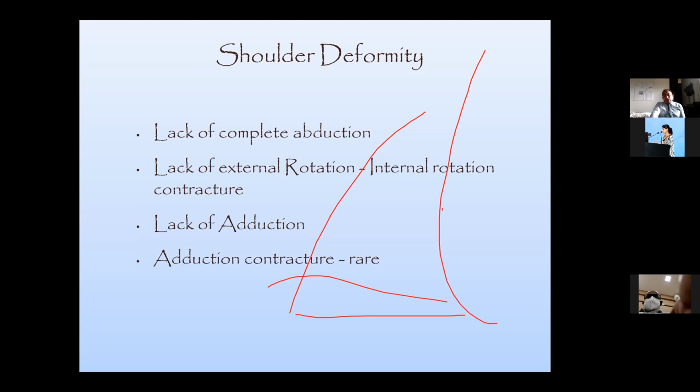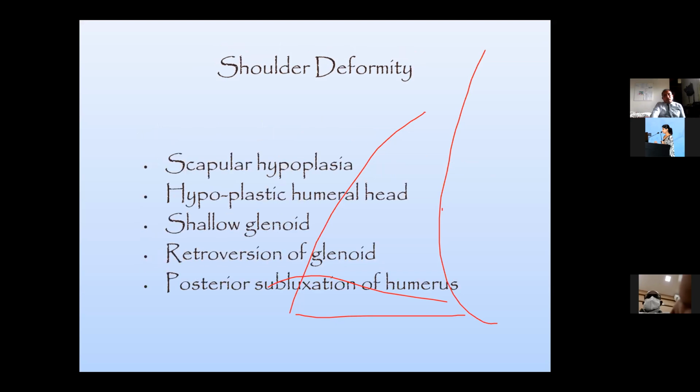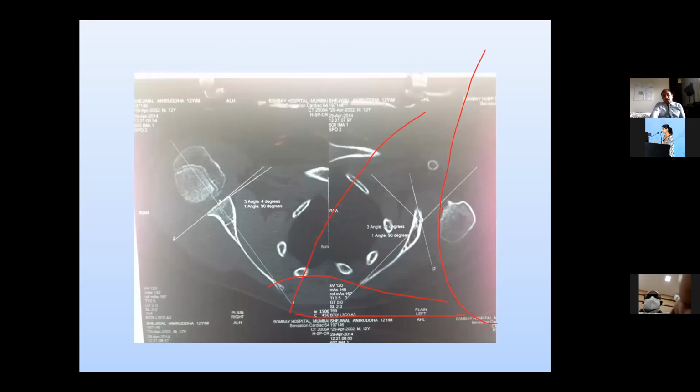There can be abduction contracture and also adduction contracture, though very rare. You can develop various types of joint deformities due to the internal rotation contracture if it is not treated. On the right side you can see what has happened to the shoulder joint: a retroverted joint and a subluxed shoulder joint.